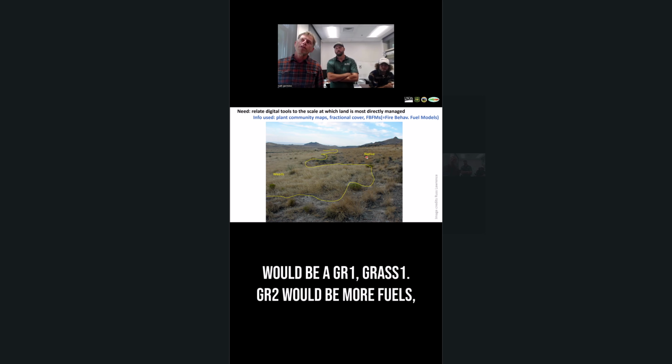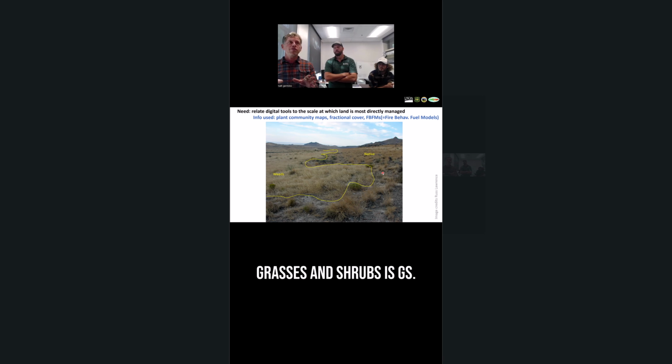GR2 would be more fuels, usually for a wetter area with taller stature, denser grasses, and so forth, up to levels 3, 4, and 5. So you could have grasses GR1, shrubs would be SH, and then the combo of grasses and shrubs is GS.